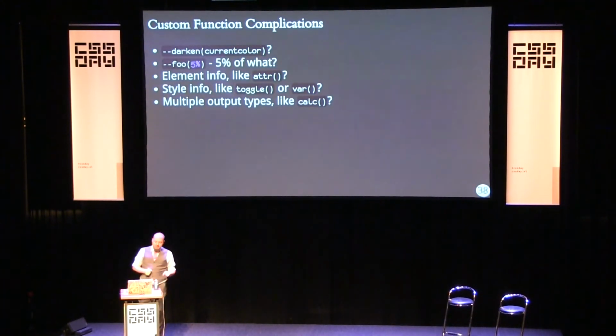The adder function, for example, looks at the element that it's being applied to and checks out its attribute values. How do I indicate that I'm going to need that and I need to re-evaluate the function whenever that attribute changes? The toggle function, not implemented anywhere, unfortunately, changes values based on what the inherited value is.